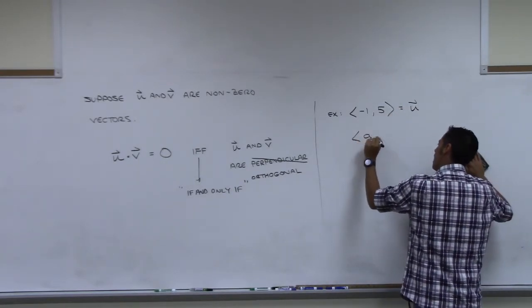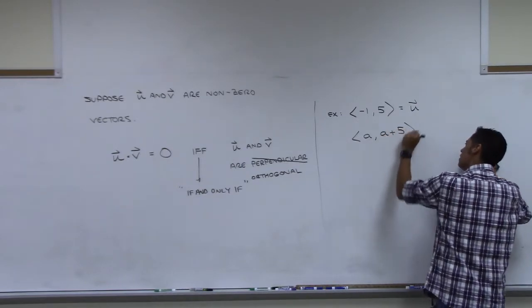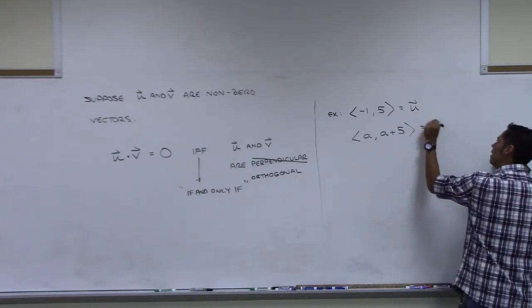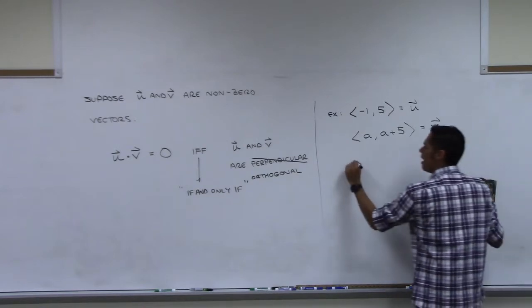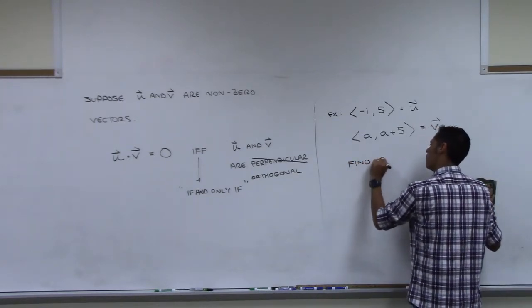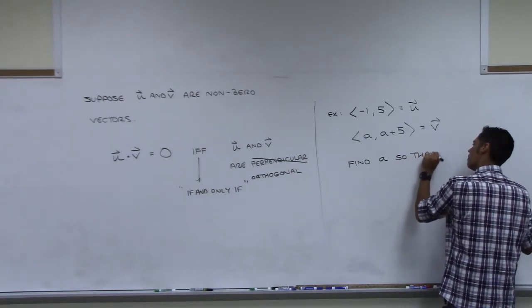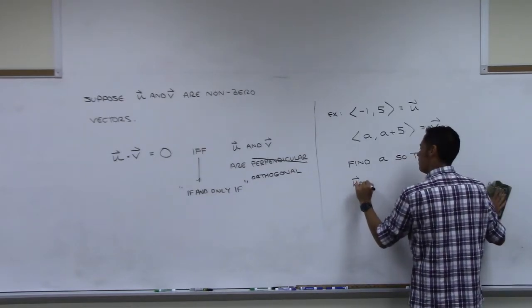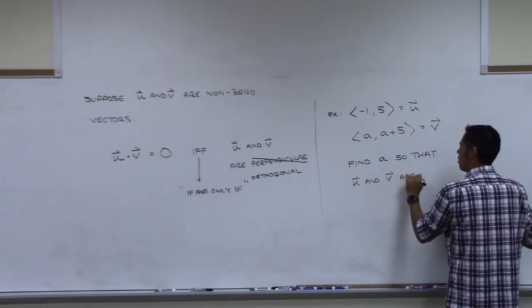Let this vector a, a plus 5 be equal to v. Find a so that u and v are orthogonal.